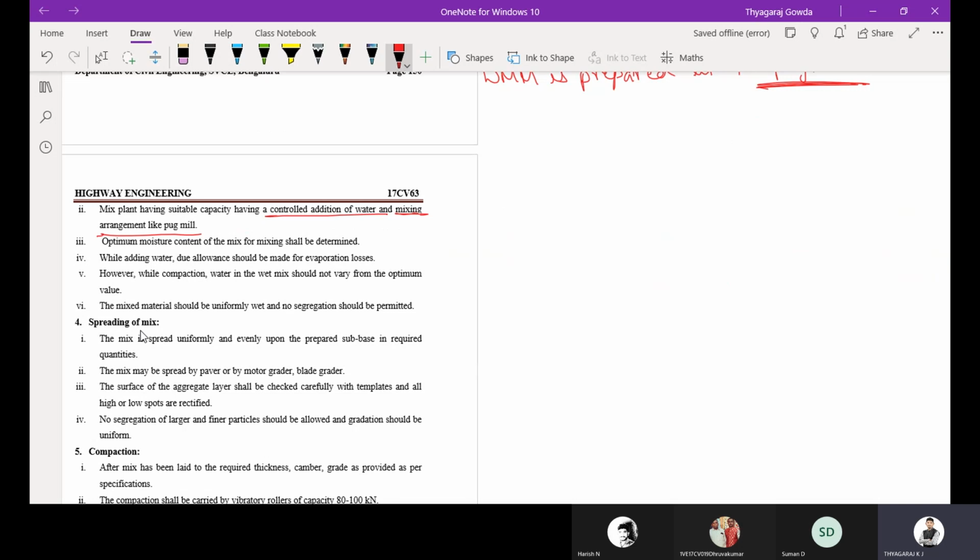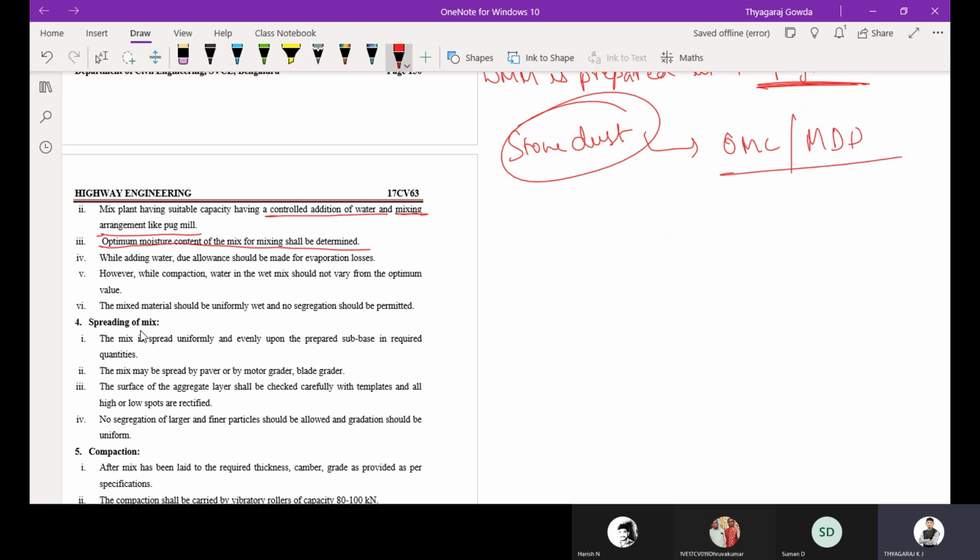Then the optimum moisture content of the mix shall be determined. Since it has stone dust as the binding material, we have to determine the optimum moisture content and MDD in the lab, and maintain the optimum moisture content until it gets to the field and is compacted.